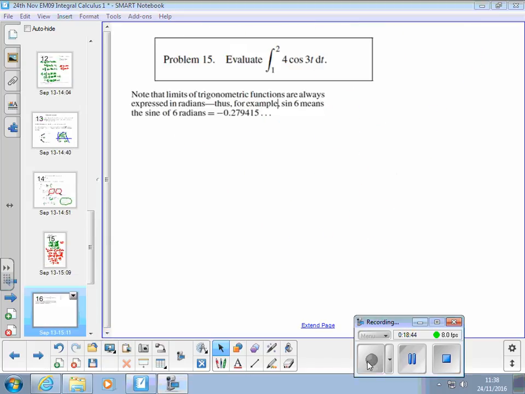Please be aware, when you're doing work with integrals and limits and cosine functions, we're talking about the limits being in radians. So calculators go in radian mode.